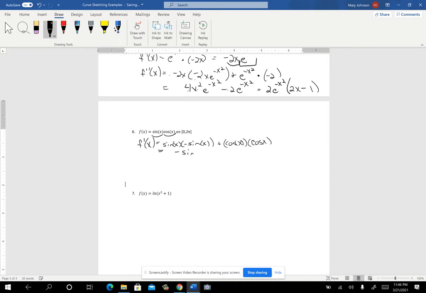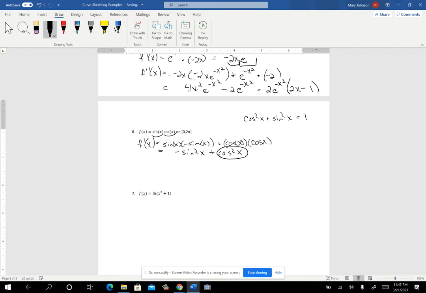So this is negative sine squared x, but then plus cosine squared x. All right, and because it's squared on these, what I could do is replace either the cosine or the sine, because of this very common identity right here.